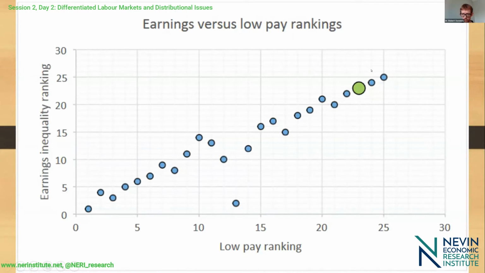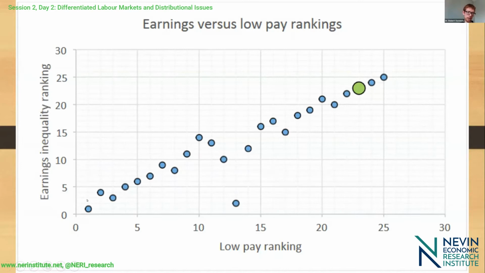So for instance, this country, and obviously this country is Ireland here. So this country, whatever country it was, is number 25 in terms of inequality, and it's also number 25 in terms of the prevalence of low pay. So it has the highest level of earnings inequality and the highest prevalence of low pay.